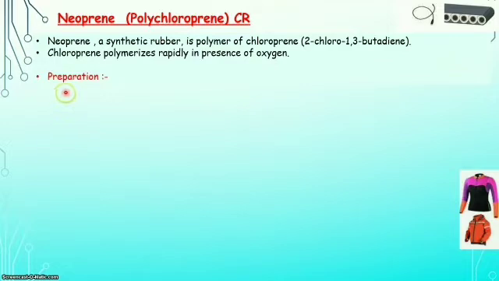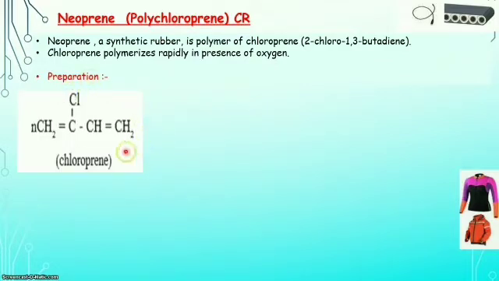Let us discuss a preparation of neoprene. As we know, for the preparation of neoprene, we required a monomer, that is chloroprene. Chloroprene, that is 2-chloro-1,3-butadiene. 1,3-butadiene means it consists of 4 carbon atoms in a straight chain, and double bond is present after first and third carbon atom. 2-chloro indicates Cl is present on the second carbon, and remaining valencies of carbon atoms are balanced by hydrogen.